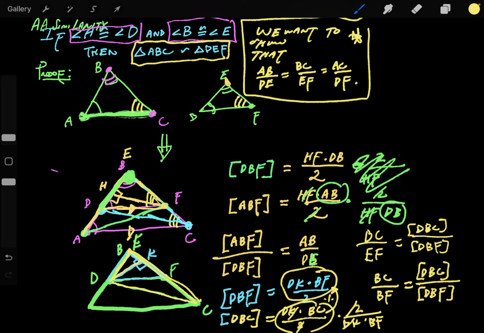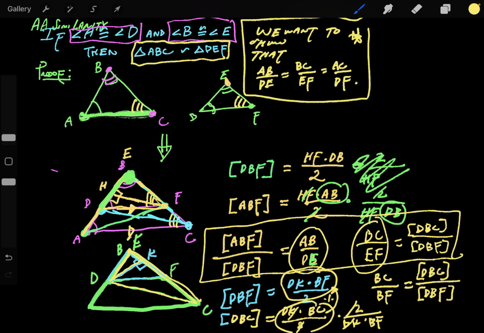Now, if we look up here, so now I have this, right? These two. Okay. You should take your time in justifying these things. It's the same argument, but on each side of these two triangles that I constructed when I drew in those lines. If you look up here, I want to show basically that AB over DE is equal to this.